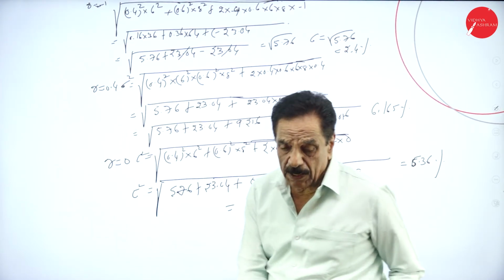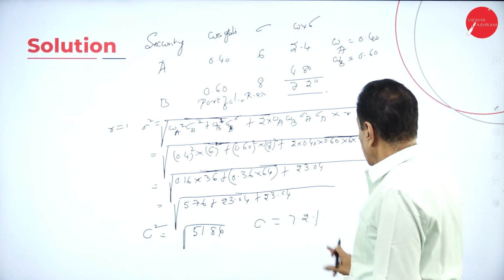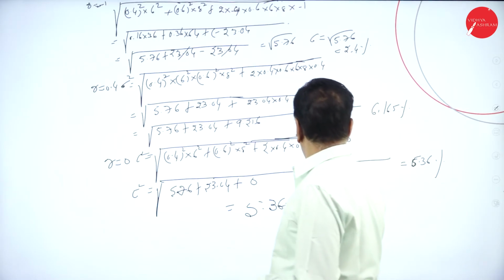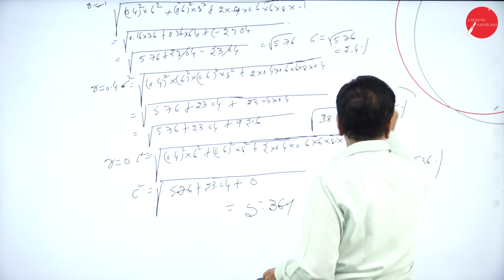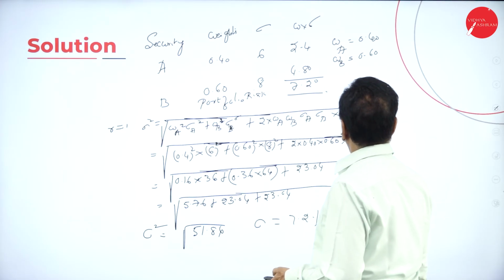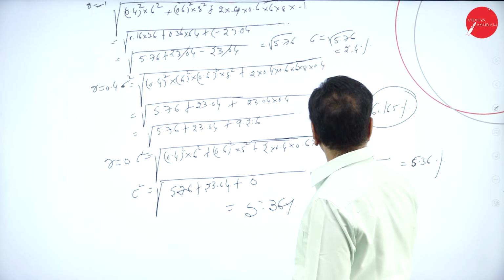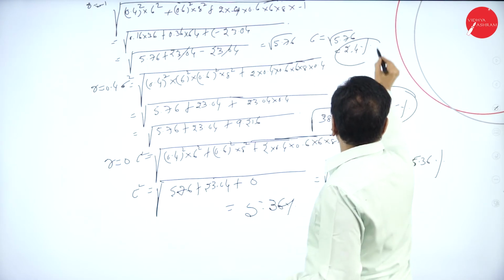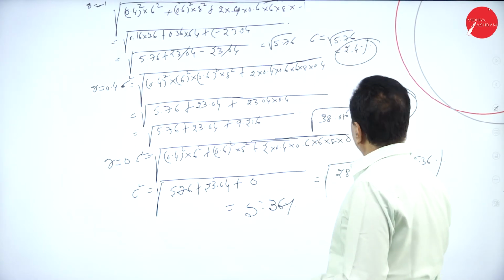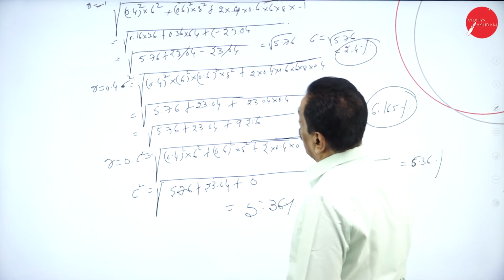So if we compare now, first one 7.2, second one 2.4, third one 6.165, last one 5.36. So risk is less when R is 1.